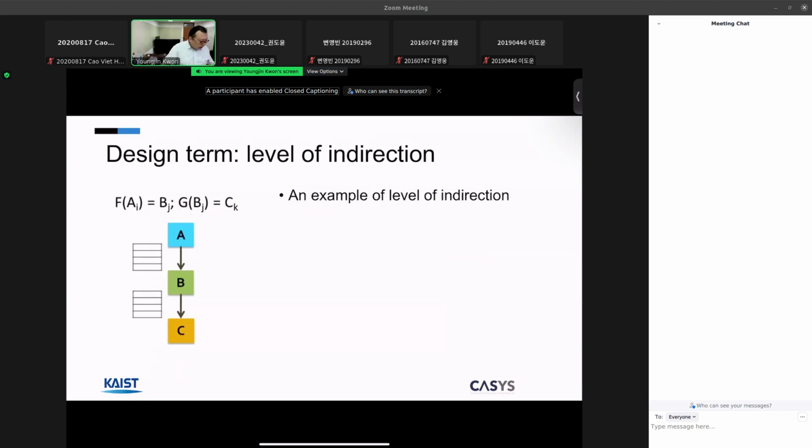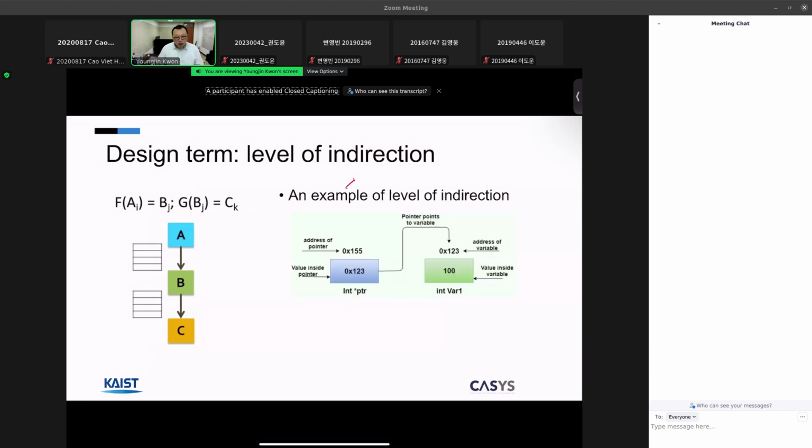When I started talking about the memory management system, I introduced this concept of level of indirection. An example of a level of indirection is a pointer, where the pointer itself doesn't have a value. The pointer holds an address, and this address is reinterpreted to finally get the value.